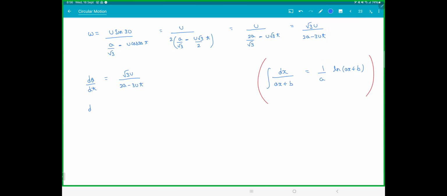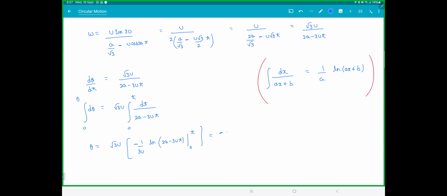So now when you integrate this, you will get d theta equals root 3 u dt by 2a minus 3ut. Integral, this goes from 0 to theta, this goes from 0 to t. This will be theta, this will be root 3 u. So a in the formula is minus 3u here. So minus 1 by 3u ln of 2a minus 3ut, from 0 to t. u will cancel.